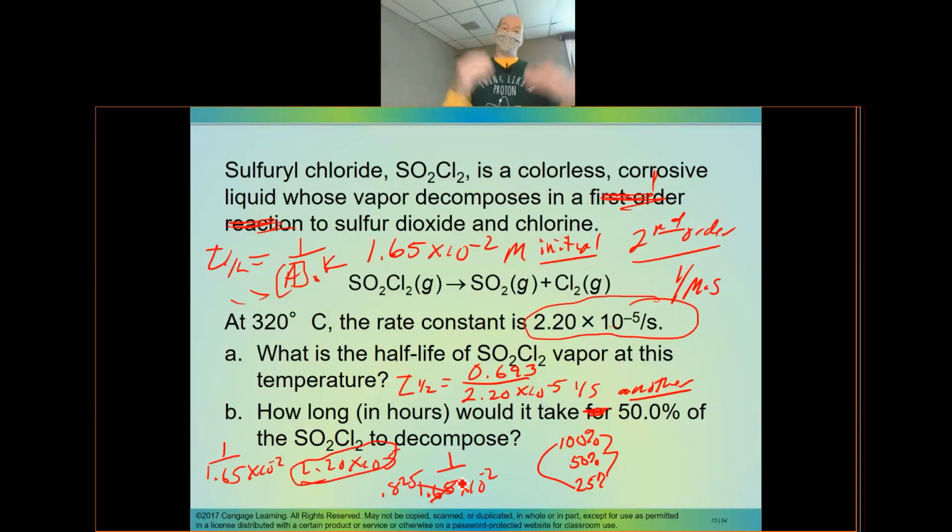But your initial concentration is going down by a half each time. So if your first one was 1 hour, the second one would be 2 hours, and your total would be 3 hours. So we will do a second order integrated rate law tomorrow.